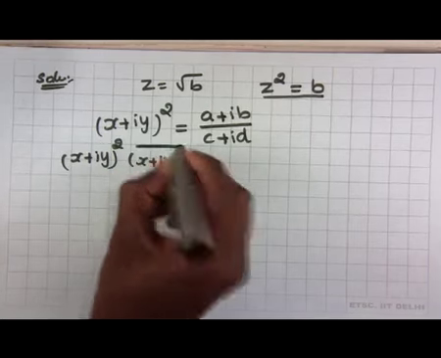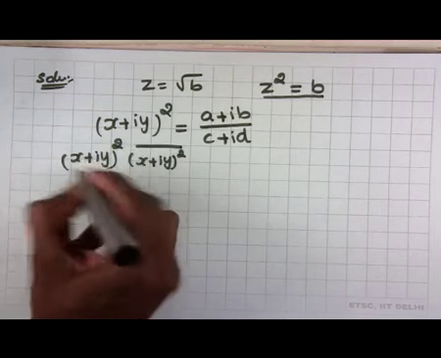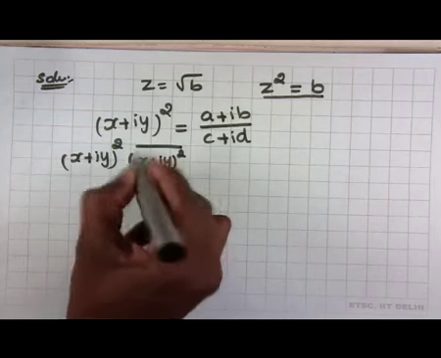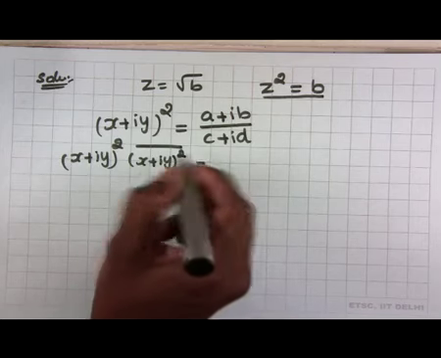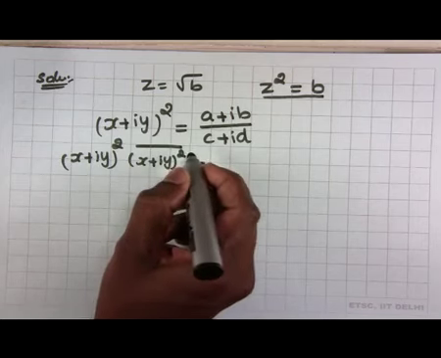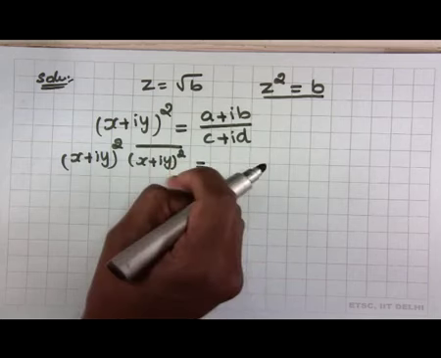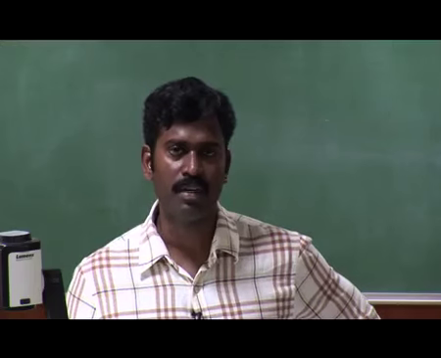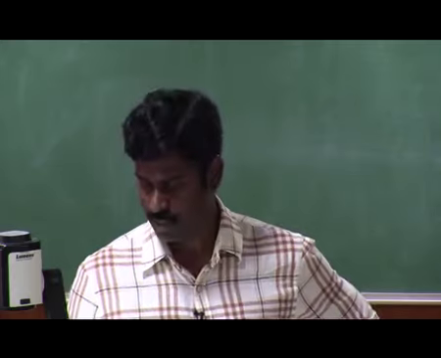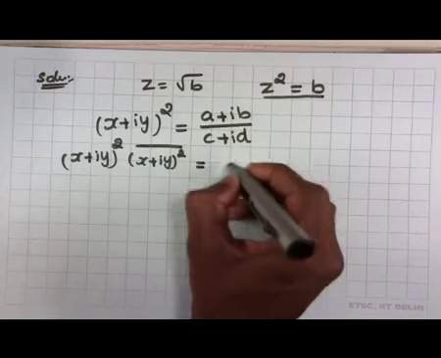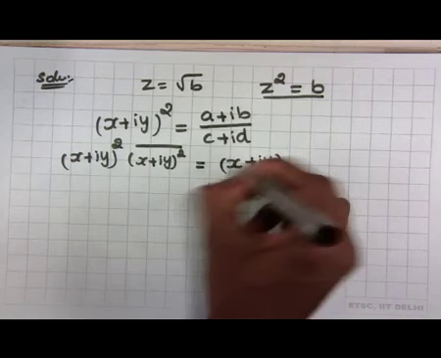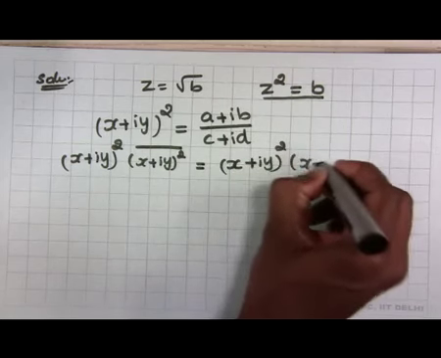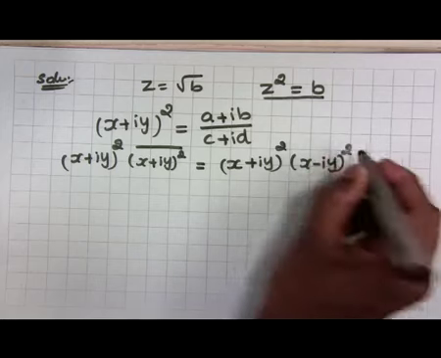For the same complex number, let us say this is z, we are multiplying by z bar. Then by the previous property, the conjugate of z1 z2 is given by z1 bar multiplied by z2 bar. So by this relation you will see immediately it is (x plus i y) square multiplied by (x minus i y) square.